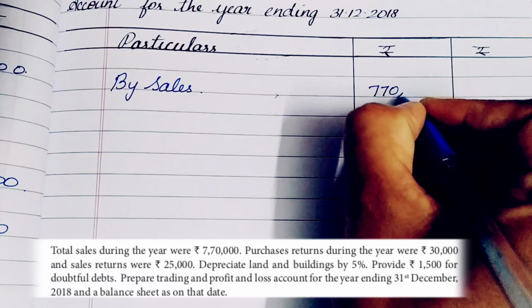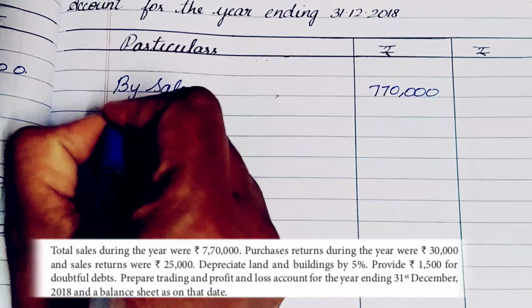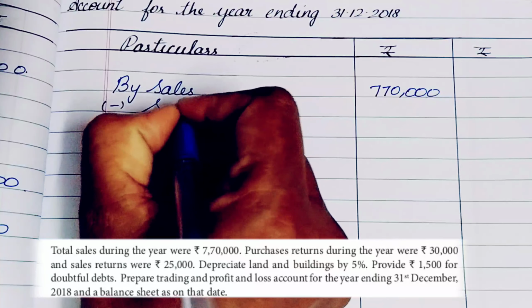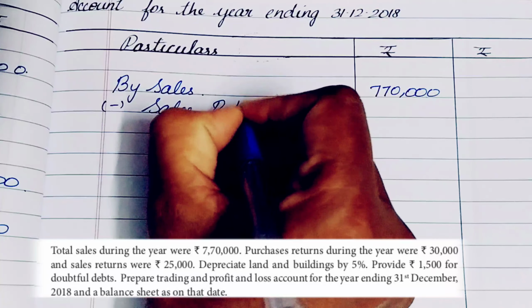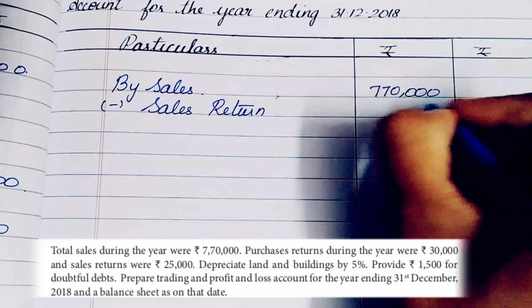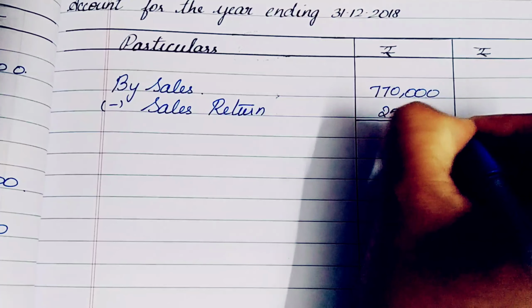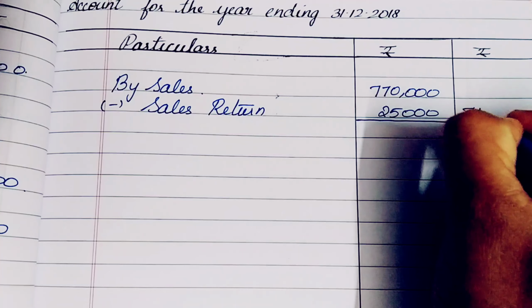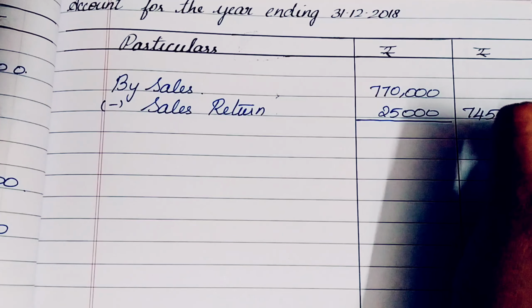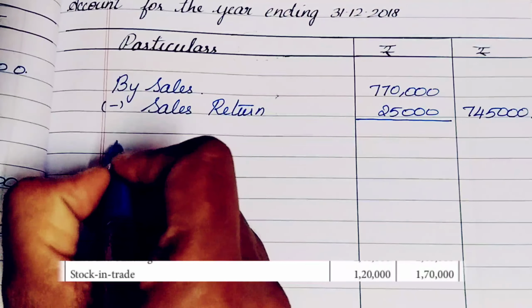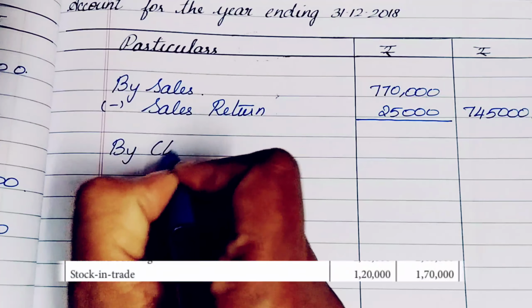So directly I can write it over here, subtracted by the sales return given in the explanation of the sum. Sales return is 25,000. If I subtract it from 7,70,000, the total is going to be 7,45,000 to be written in the outer column. Next, the last item is by closing stock.